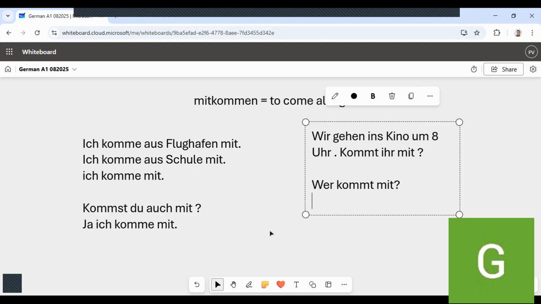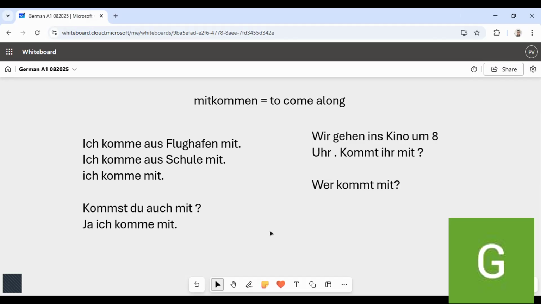Also, it is very important to learn the Trennbar verb with modal verb. How do you frame a sentence with modal verb? It might be confusing. We have learned that for Trennbar verbs, the second part we have to put on the second position. Now, how do we frame the modal verb? Modal verb also says that it wants to come at the second position.